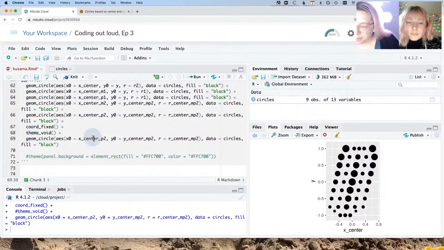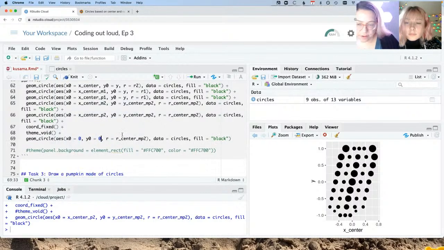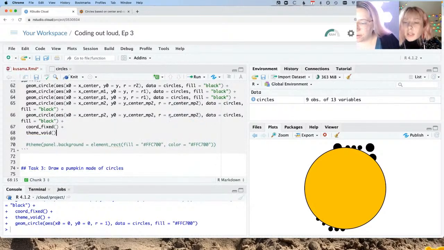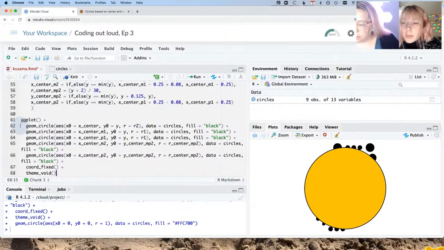So what if we did at 0, 0 with a radius of 1 or something and fill with this color. So it won't be pumpkin shaped, but it will at least be circle shaped. But we got to put it behind the others and make it bigger. So, yeah, move the layer up to the top.